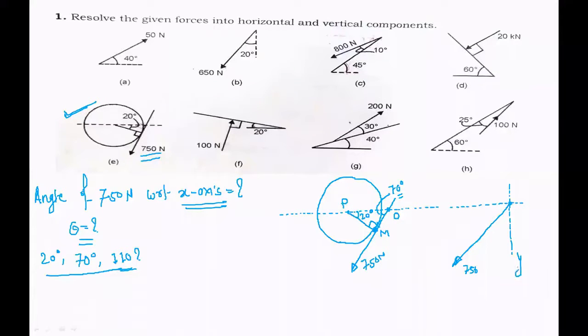This is your y-axis, this is the x-axis, and this is the angle of the force with respect to x-axis, that is 70 degree. Right now this force is in the third quadrant, and this angle is adjacent to the x-axis. So your x component Fx will be 750 cos 70, and the direction is negative, so it is minus. Then Fy is minus 750 sin 70.